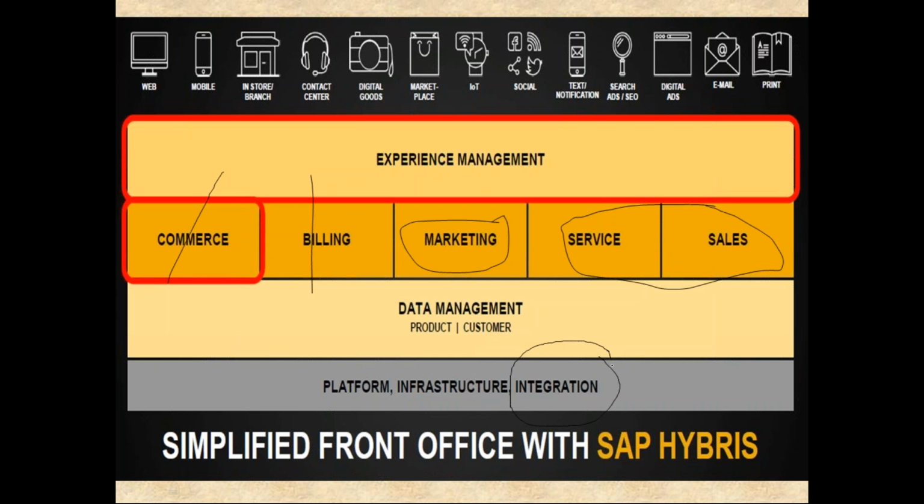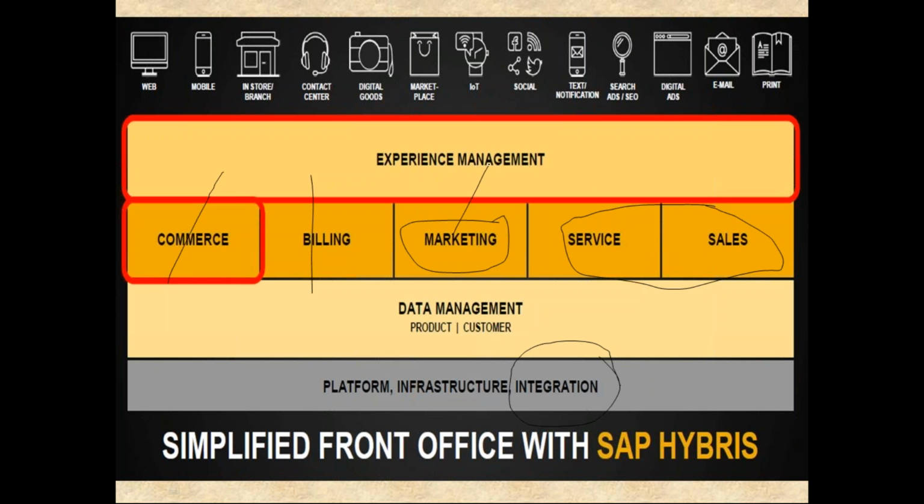Look here. With Hybris, you can do a lot of integrations. What are the different integrations you will be able to do? Hybris Commerce can be integrated with the CRM, marketing, sales. Let's take marketing.